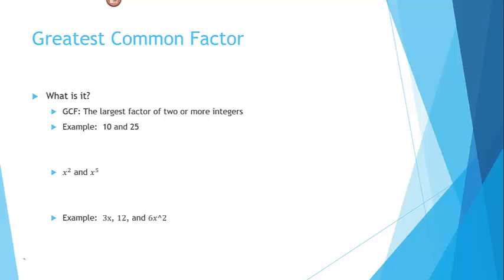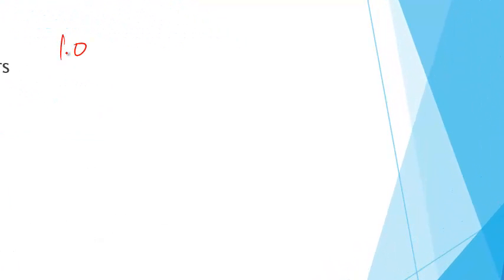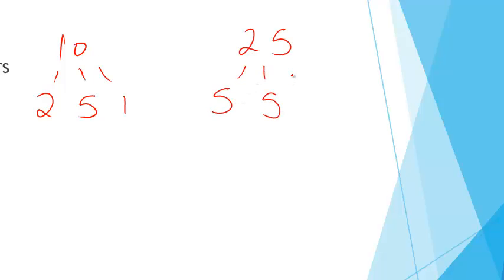Let's say we're going to find the GCF of 10 and 25. So 10 factors to 2 and 5, and 1. And 25 factors to, wait, no, it's just 5 times 5 times 1.